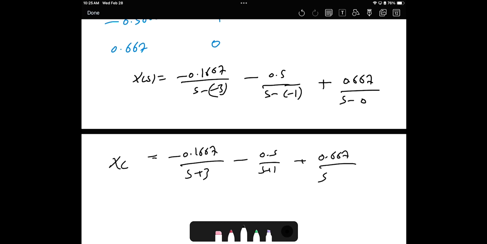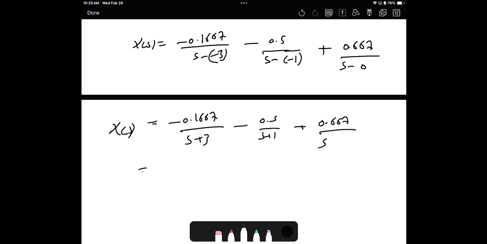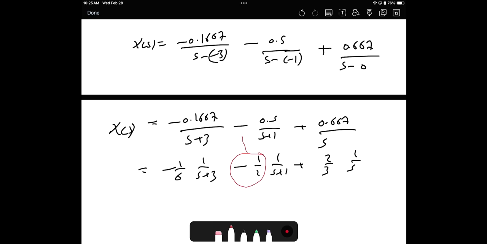Now, is this the same as what we got before? It's actually similar. Why? Before we got 1 over 6 over s plus 3, minus 1 over 2, s plus 1, plus 2 over 3, 1 over s. And you can calculate negative 1 over 2, this is minus 0.5.